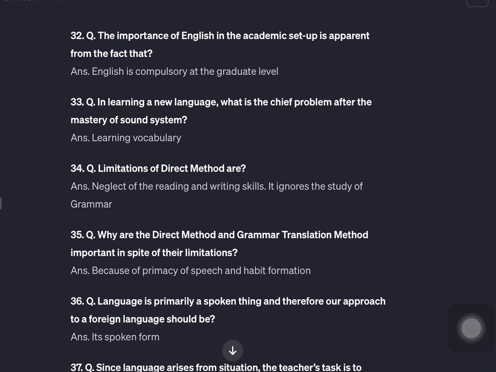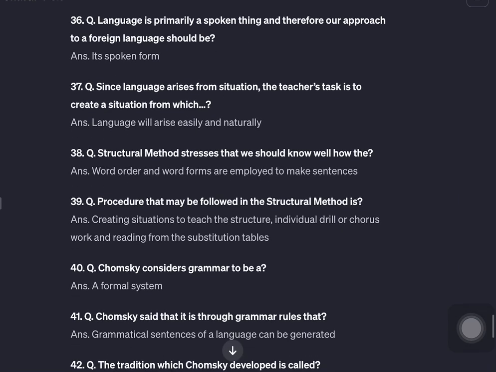36. Q. Language is primarily a spoken thing and therefore our approach to a foreign language should be? Ans. Its spoken form. 37. Q. Since language arises from situation, the teacher's task is to create a situation from which? Ans. Language will arise easily and naturally. 38.